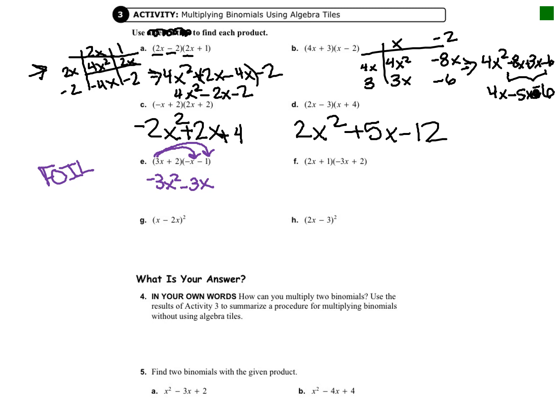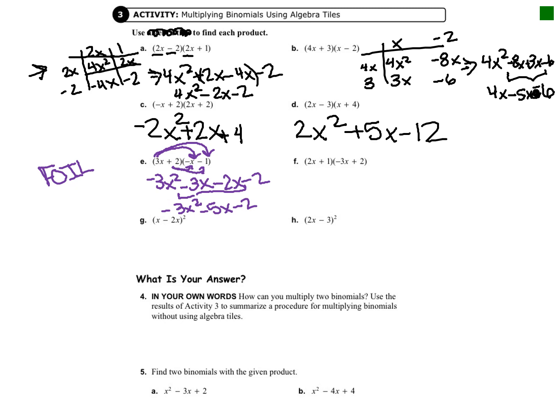I stands for the inner terms, so 2 times negative x, and 2 times negative x is negative 2x, and then L stands for the last term, so 2 times negative 1, and 2 times negative 1 is negative 2. Go through and combine your like terms, and I have x's that are like terms. For e, it's negative 3x squared minus 5x minus 2. And you're done.